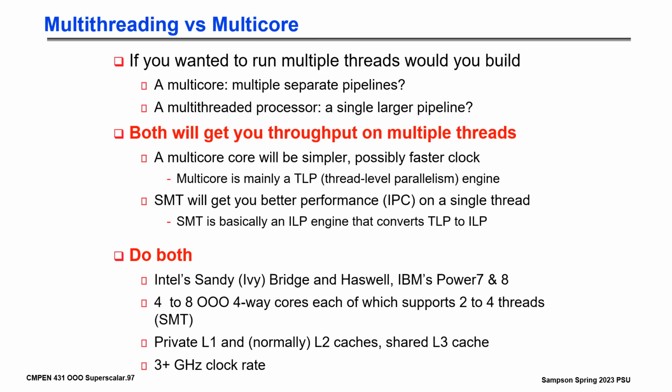Imagine I have something similar to Intel's performance and efficiency core split, where I decide I'm going to have some really beefy, heavily aggressive out-of-order cores to do my serial-intensive, ILP-intensive tasks, and maybe I put 4 of those, maybe 4 threads each, and then I've got some large number of really simple lightweight cores that I use for my very thread-parallel tasks. Maybe I don't even bother with SMT for them.